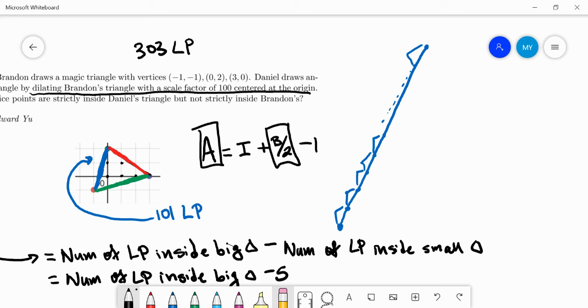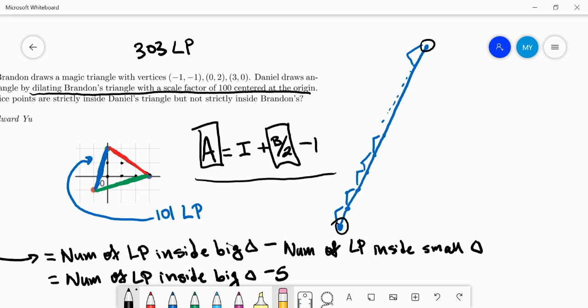But we're not done yet, because remember, in our original calculation for how many lattice points were on the blue segment, we counted the endpoints. We counted these vertices. So we're going to have to subtract the vertices, because while we count the vertices in the end result of Pick's theorem, we counted these vertices once in the calculation for the blue segment, once for the red segment, and once for the green segment, which means that each vertex was counted 2 times too many instead of 1 time as a number of lattice points.